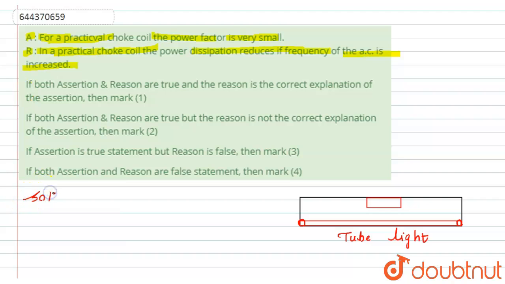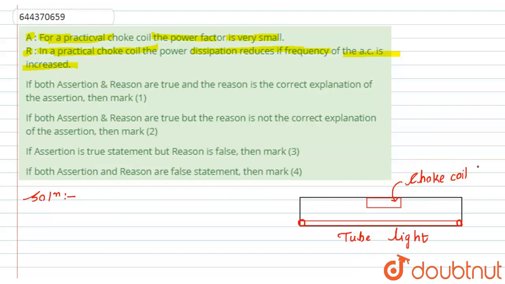First of all, to solve this question, we have to know what a choke coil is. Generally, a choke coil is used in a tube light. You have seen the tube light in your own house, in which a box is placed in the middle. This box is generally called a choke coil.